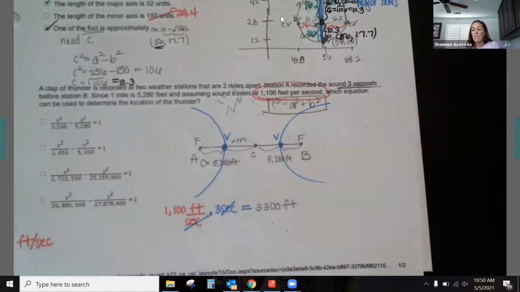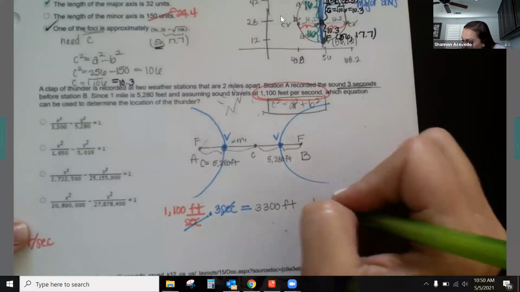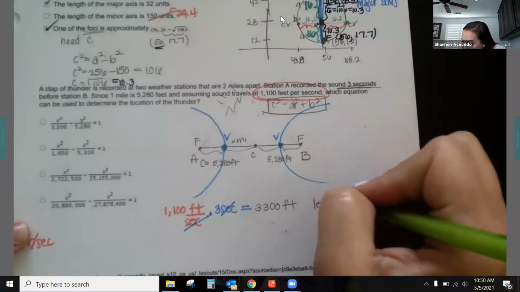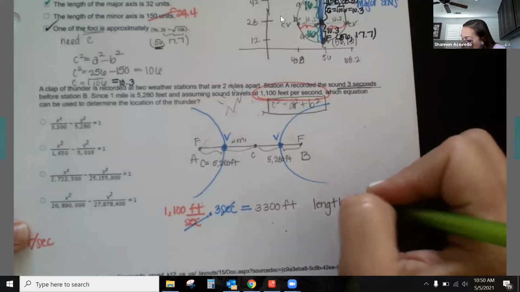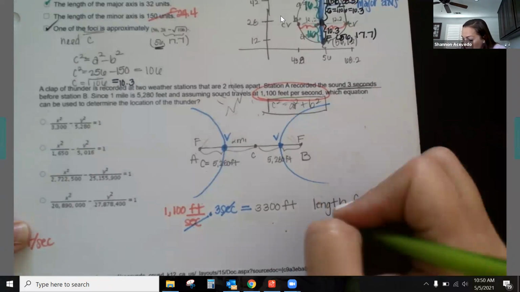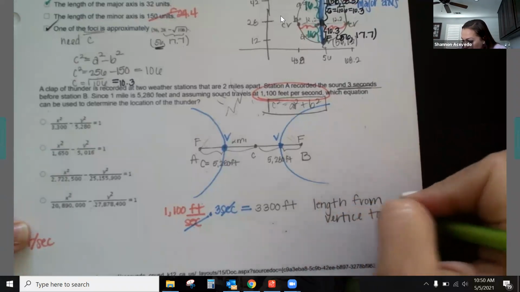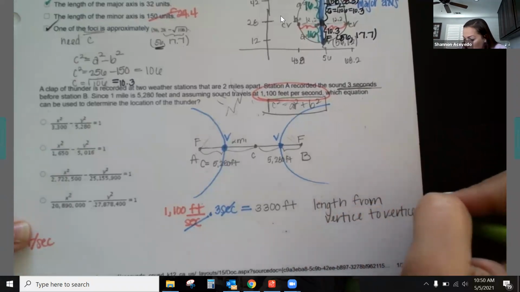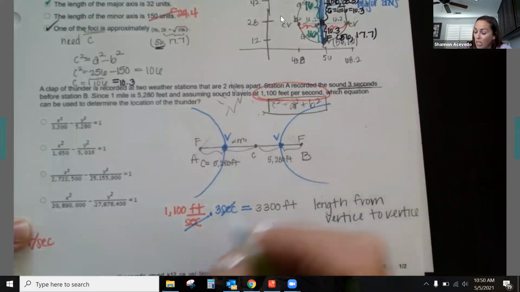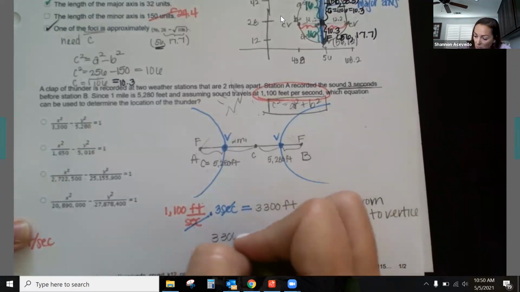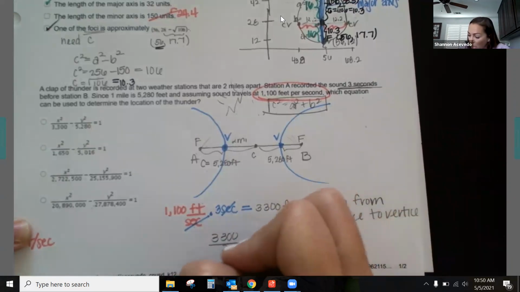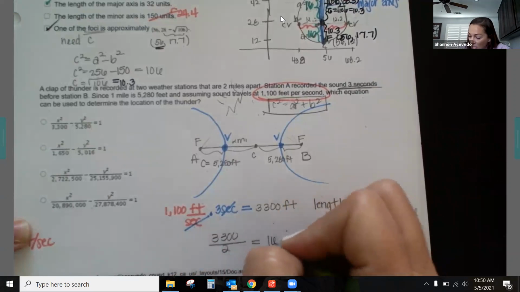Okay, so that's going to be the entire length from vertex to vertex. So if that's vertex to vertex, then 3,300 divided by 2 is going to get me to the center, and that's 1650.